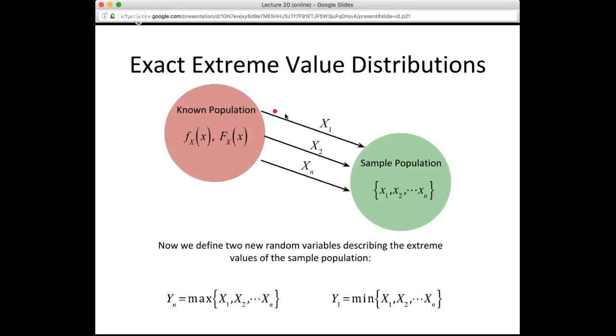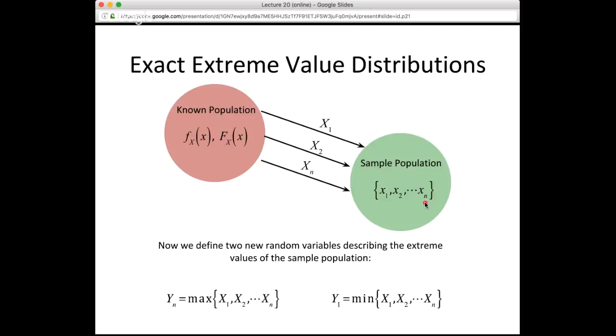Now we're taking a series of samples from that known population, and we're getting from it a set of realizations. So we take a sample and we measure the TC concentration in that sample. That gives us our value, our sample of the known population, which we're going to call x1. And then we take another sample and we get x2 and so forth until we get, say, the nth sample. And in the case of some of your stations, maybe that's 1,000 samples.